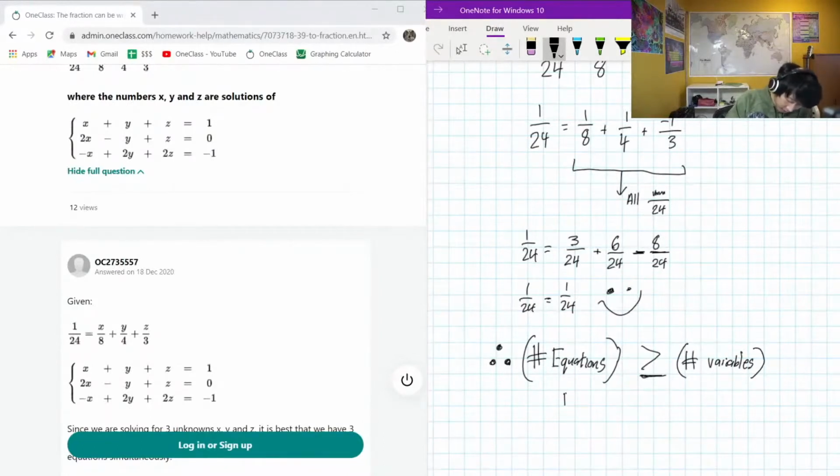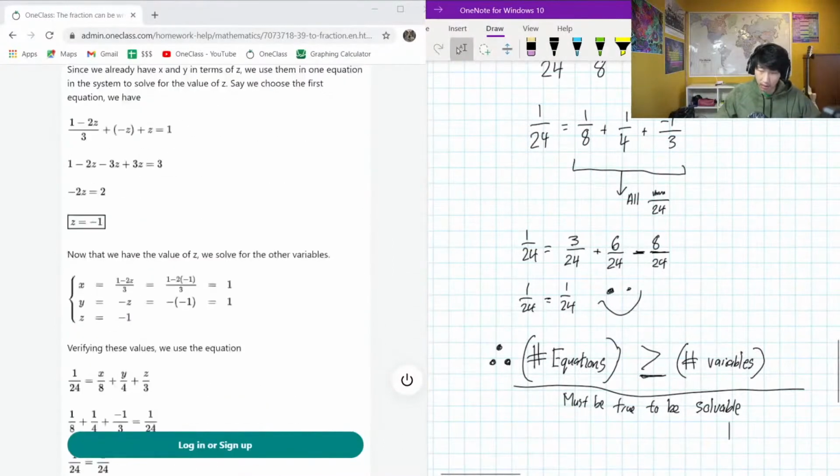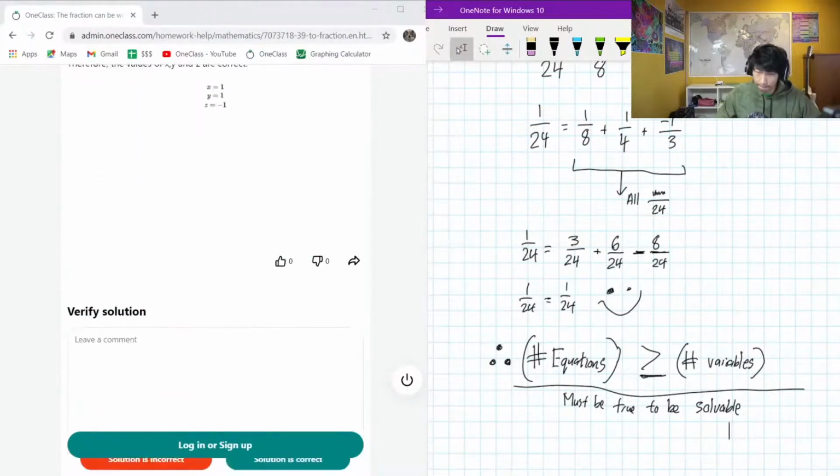This must be true to be solvable. If that is not true, you can't solve it. You'll only have equations where one variable is a function of another variable. So assuming this is true, everything else will be solvable and everything else will be good. So yeah, cool.